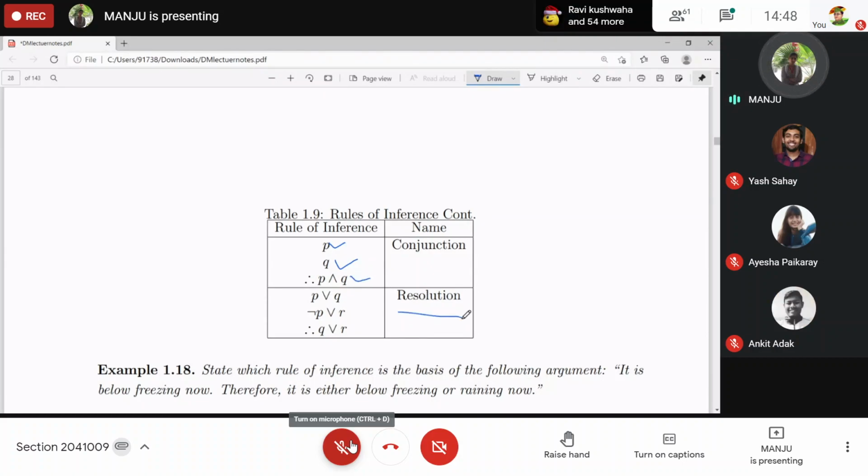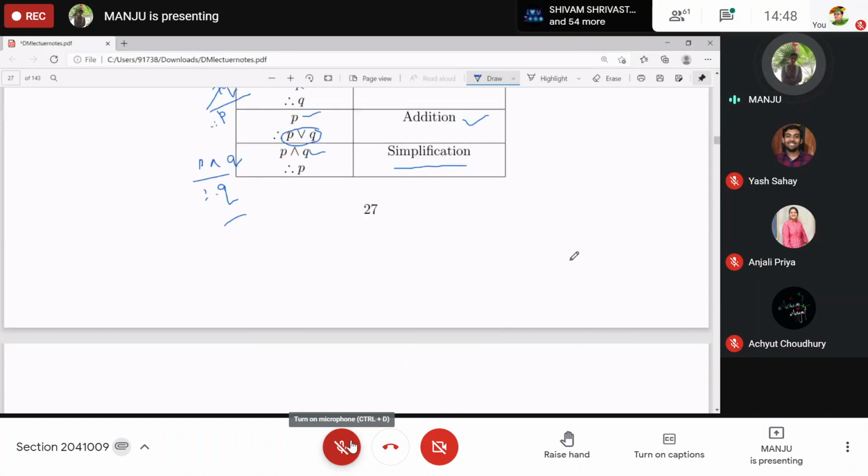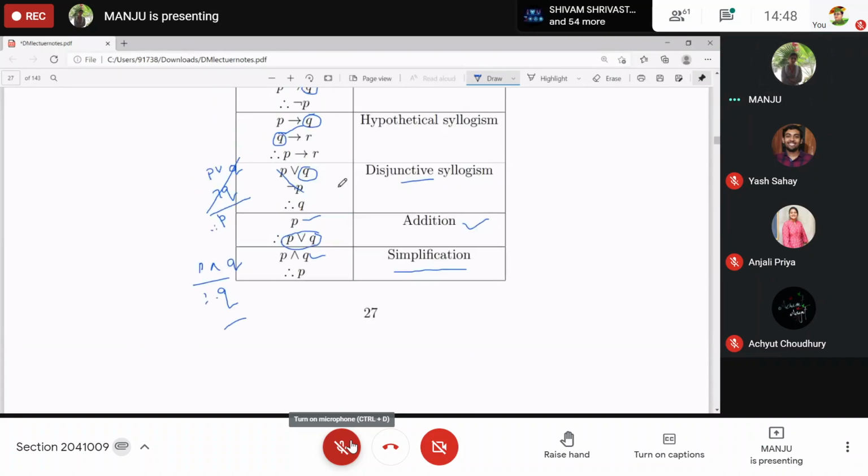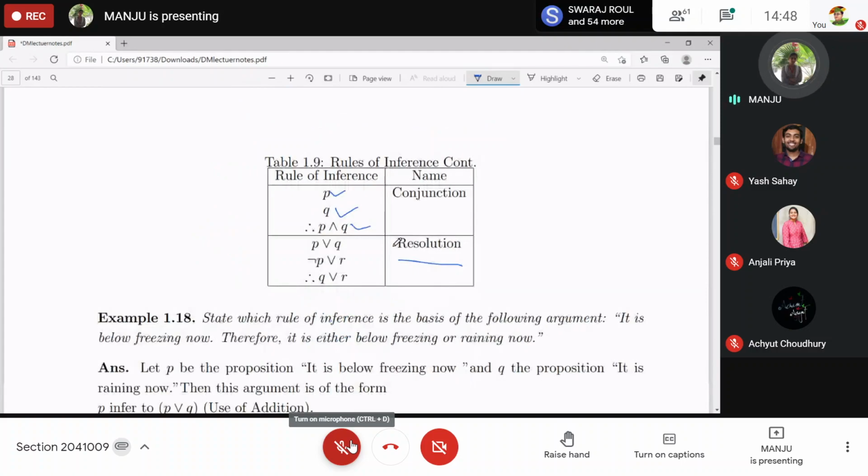Then resolution. Don't get confused between resolution and DS. In DS, we have one disjunction and the negation of either of these, P or Q. But here we have two disjunctions: P disjunction Q and negation of P disjunction R. So Q disjunction R will be the conclusion because P and negation P can't exist together.